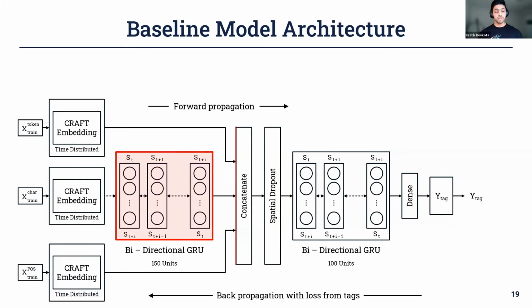Now, all of these intermediate outputs are concatenated and passed through a dropout layer. Here, the dropout layer is used to avoid overfitting or to help the model stay more generalizable. Now the bidirectional layer here is useful in capturing the contextual information from the entire sequence, meaning that this bidirectional layer allows it to learn context not only by looking at the words that come before a particular token, but also considering the whole sentence as a whole sequence.